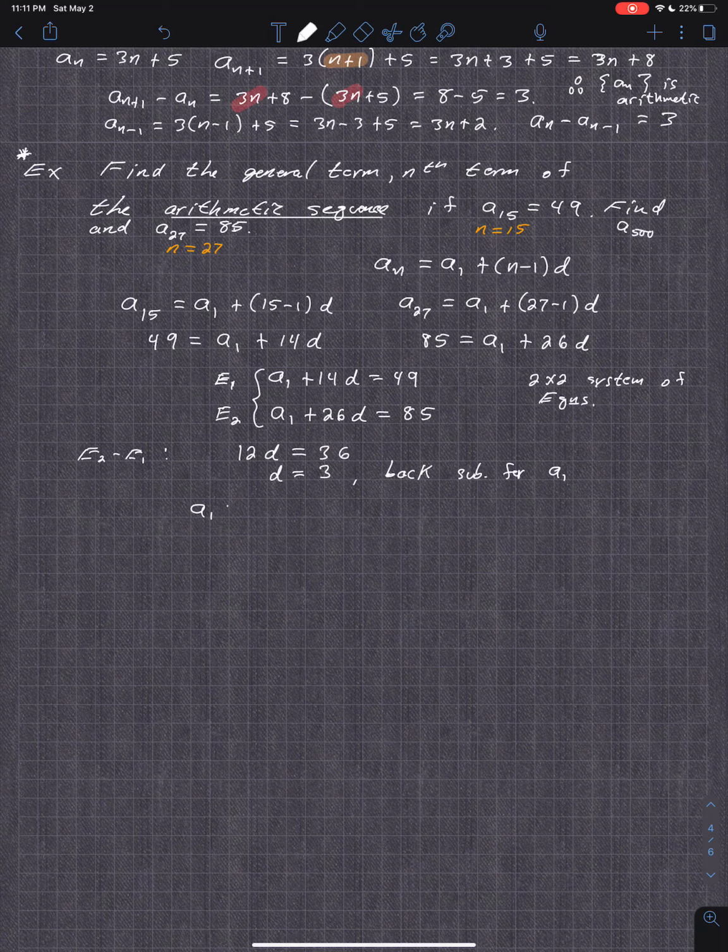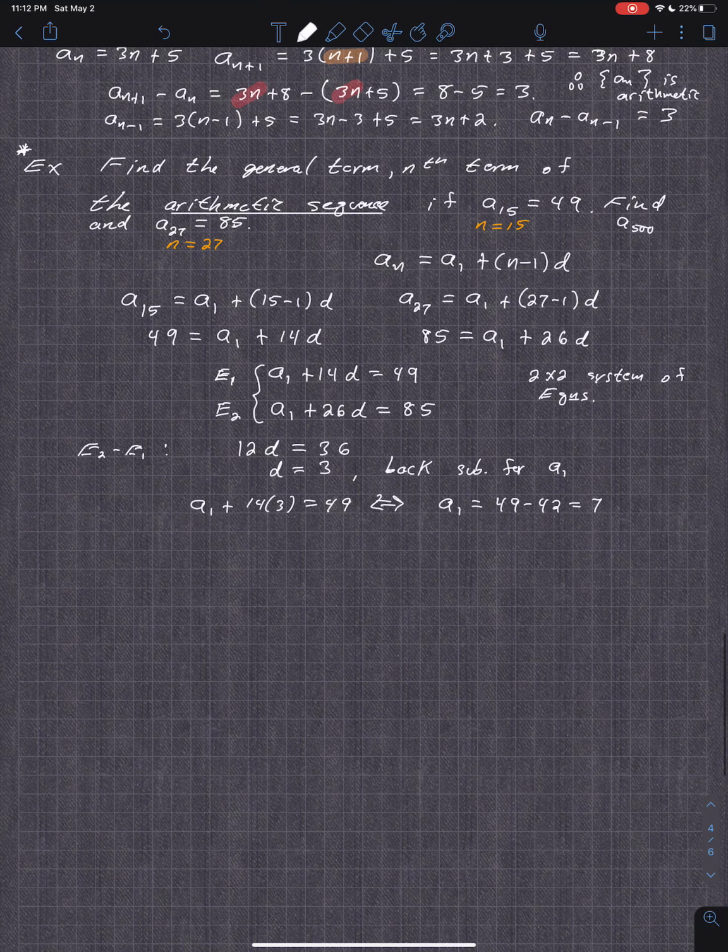So A1 plus 14 times 3 is equal to 49. And then we just solve. So A1 is equal to 49 minus 42, which is 7. So your first term is 7.